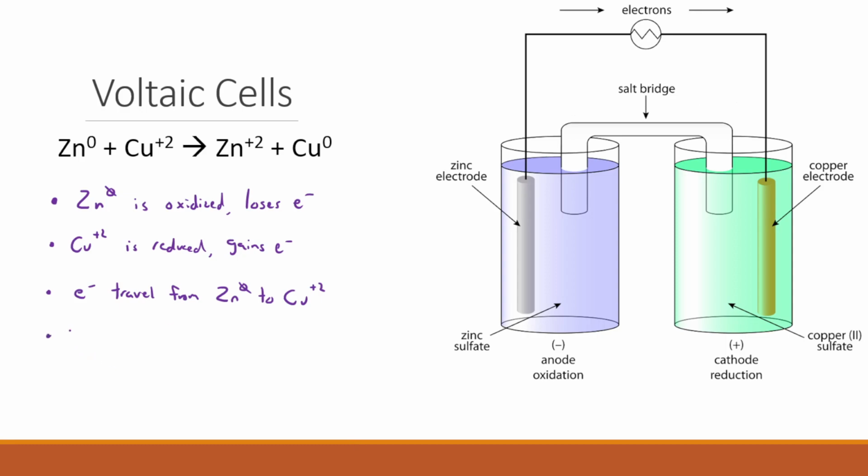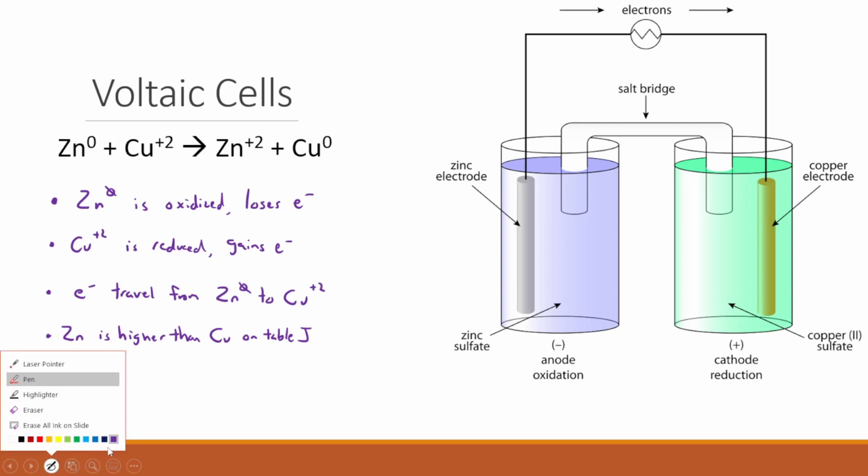The other thing we know is that zinc is higher than copper on table J. These are things that we knew before this lesson.